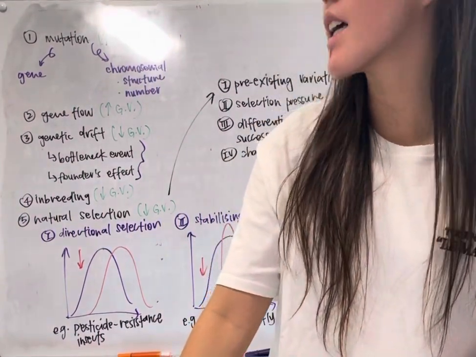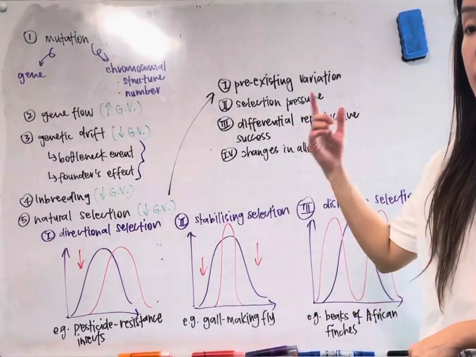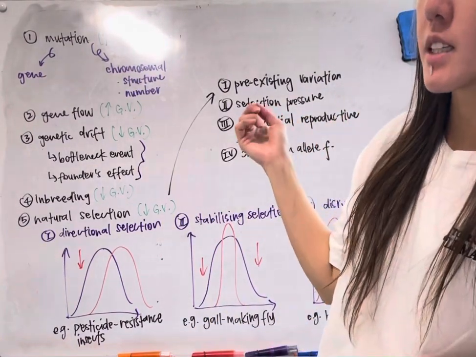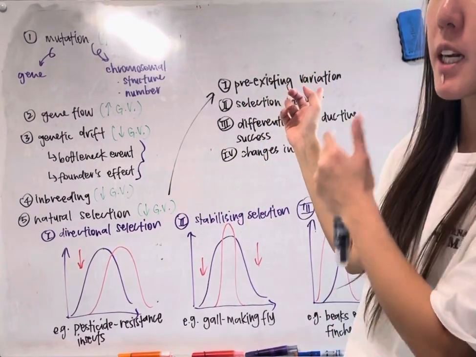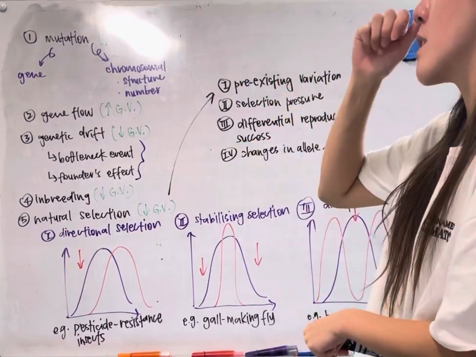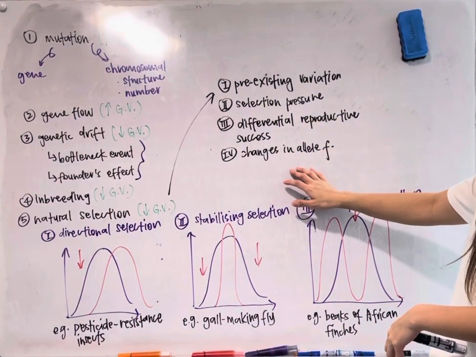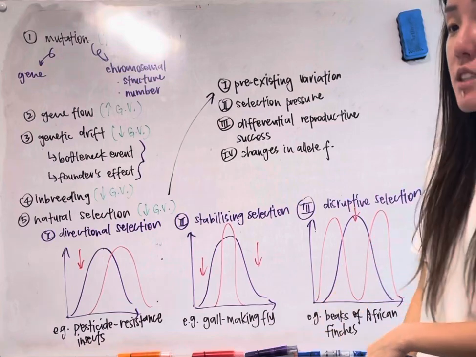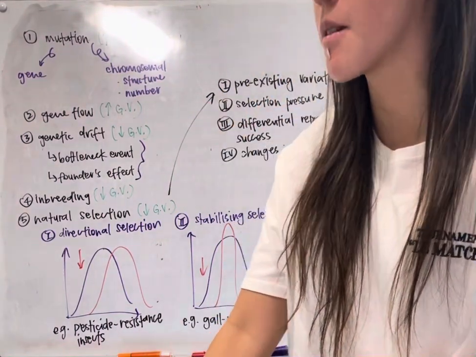You need to link it to the decrease in variation. So again, those that confer selective advantages to the individual will increase in the population proportion, or those without the selective advantage, their selected alleles will actually decrease in the population. So this will actually bring about that microevolution mechanism.